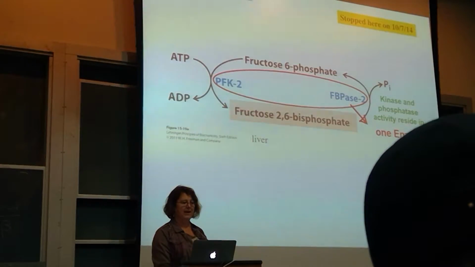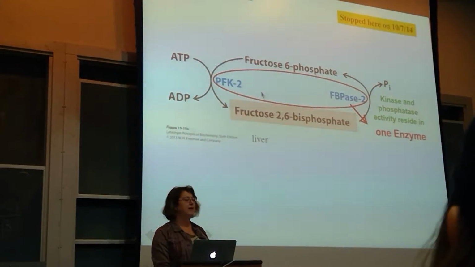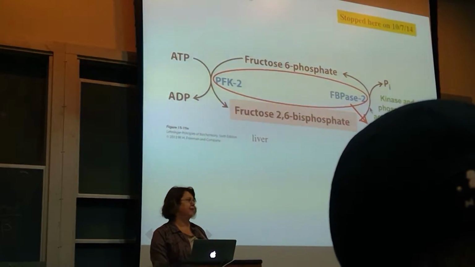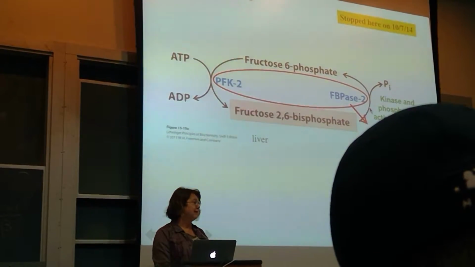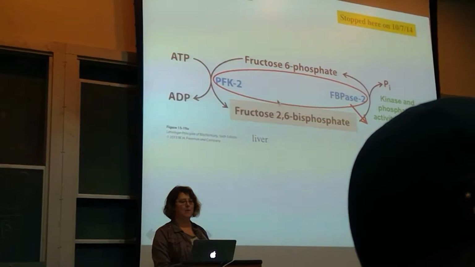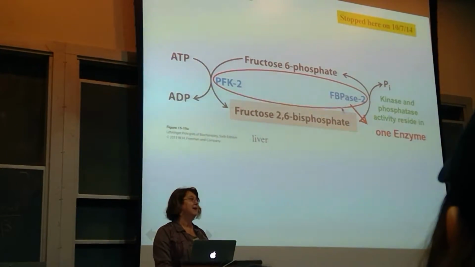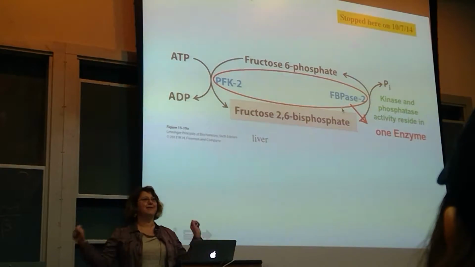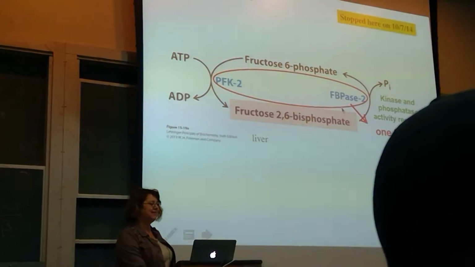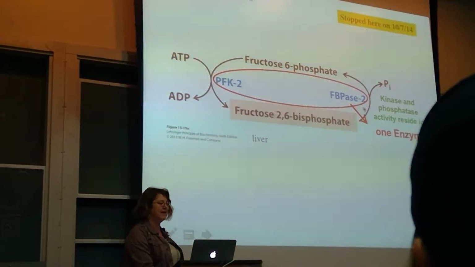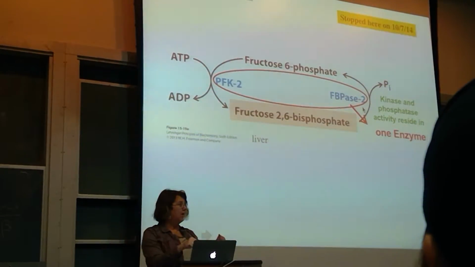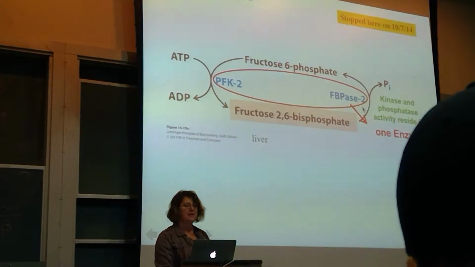So in this case, right, we're confusing you by having PFK2 and FBPase2. So these are actually now different enzymes from PFK1 and FBP1. In addition, FBP1 and PFK1 are separate enzymes, and these 2 have these enzyme activities, but they're actually a bifunctional enzyme. So they're on one polypeptide.